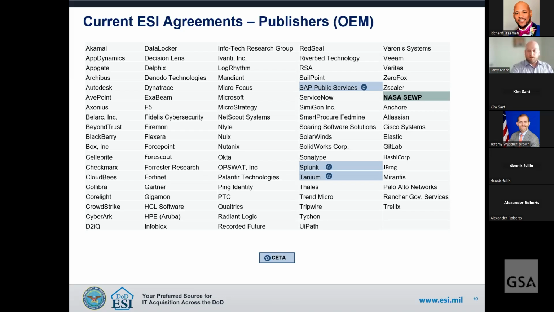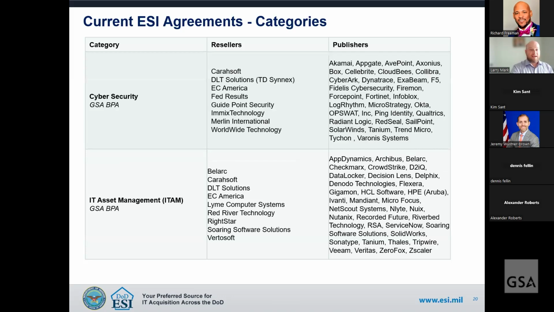As I mentioned, we do have some categories. So the next 2 slides provide a breakdown of such categories. These categories can be solicited as brand name, or if you don't have a brand name requirement, then you can solicit all of the resellers. I do want to note here that each reseller does not provide all of the publishers in the category, or to say it another way, not all publishers are available by all resellers.